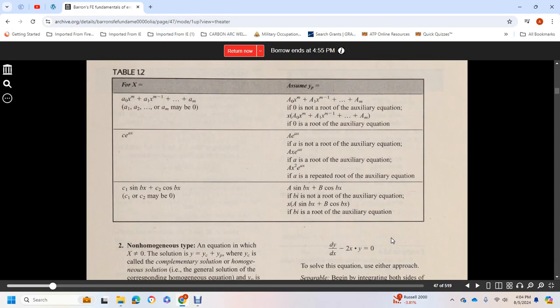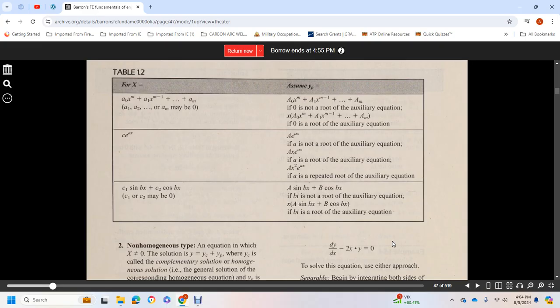And then there's more. A0 x to the m, A1 x to the m minus 1, in your series. If a is not a root of the auxiliary equation, A e to the ax.